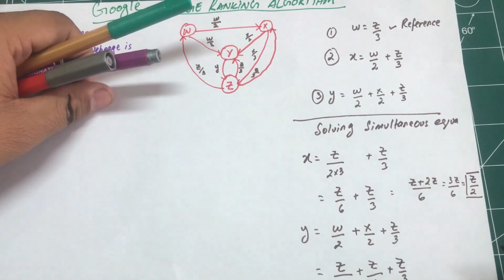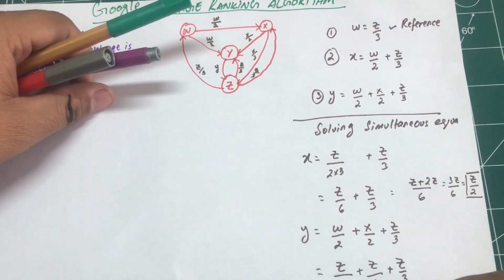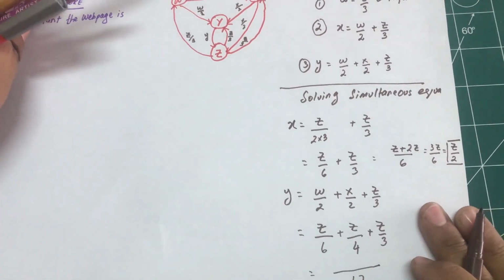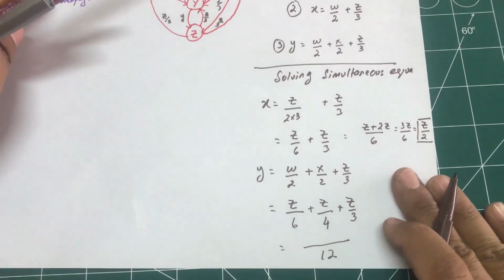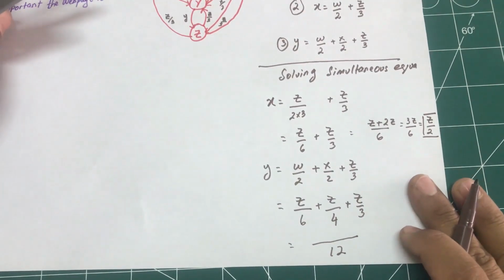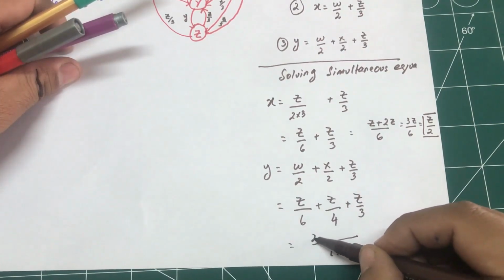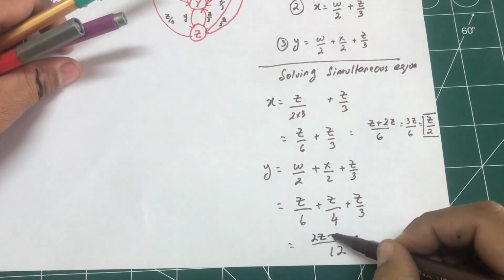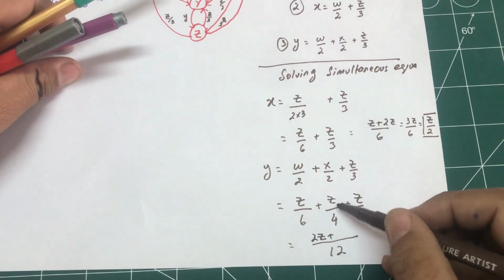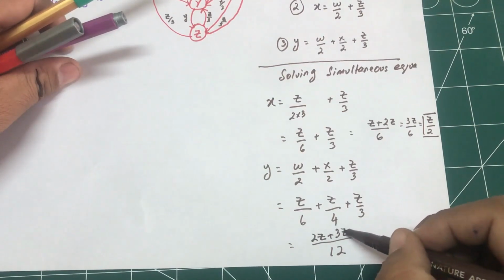Then you can take a common denominator here. The common denominator here is going to be 12. Common denominator, so 6 times 2, that would give me 2Z. 4 times 3 would give me 12, so this is going to be 3Z.